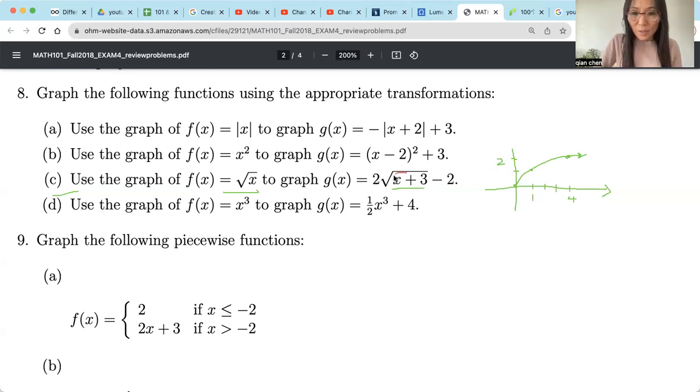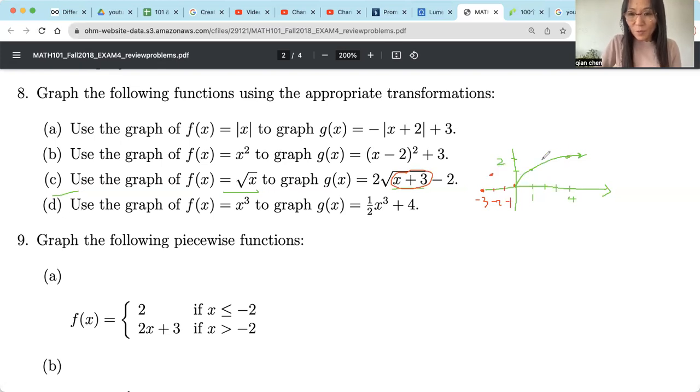So first, x plus 3. x plus 3, everything shifted to the left 3 units. So (0, 0), shift, let me mark 1, 2, 3 first. So I have -3, -2, and -1. (0, 0) point be shifted to be (-3, 0). (1, 1) shifted 3 units becomes (-2, 1).